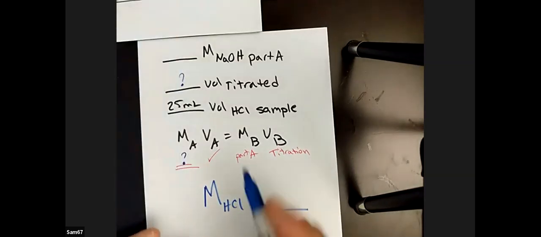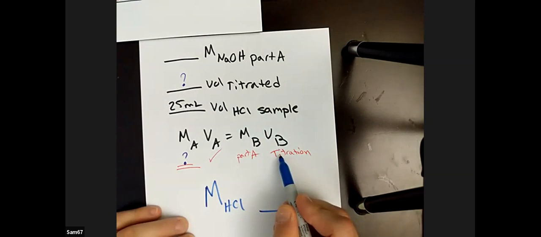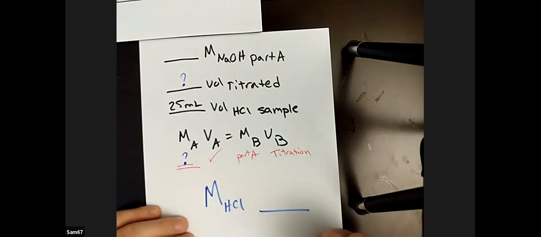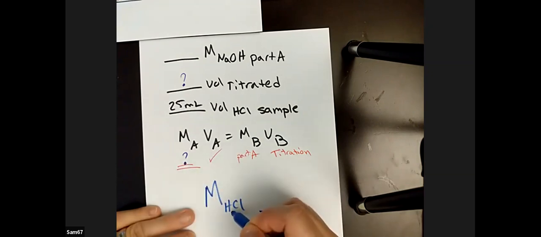So then you would know the volume titrated. How much did you put in there? So you know 3 out of the 4 terms here. Multiply and divide would give you the molarity of the HCl.